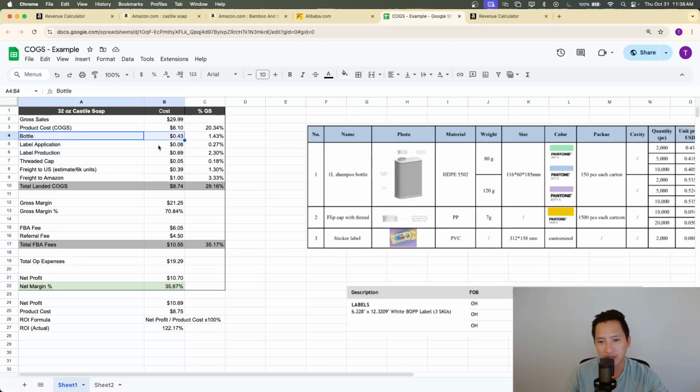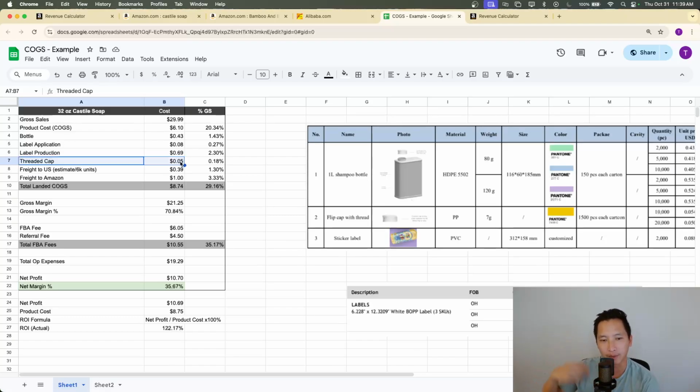The bottle is going to cost us 43 cents. Label application. So imagine someone applying a label across a bottle. That costs money. That's manual labor. Label production, the actual production of the design on the label, that costs money as well. Our threaded cap, how much does it cost to bottle up the soap?